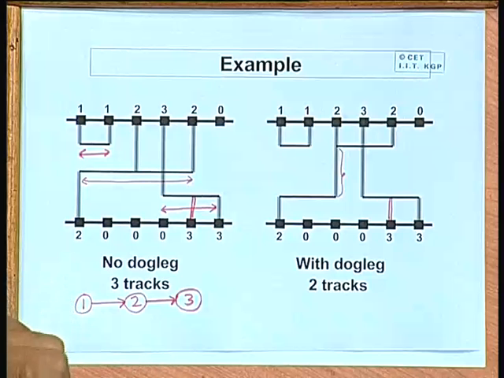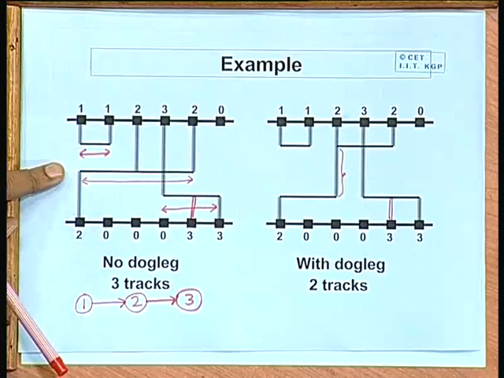Okay. Fine. Now, this example gives you the motivation for why dogleg is used, how it can reduce the number of tracks. Well, this is from the view of optimization of the solution, but there are certain situations where dogleg is mandatory.